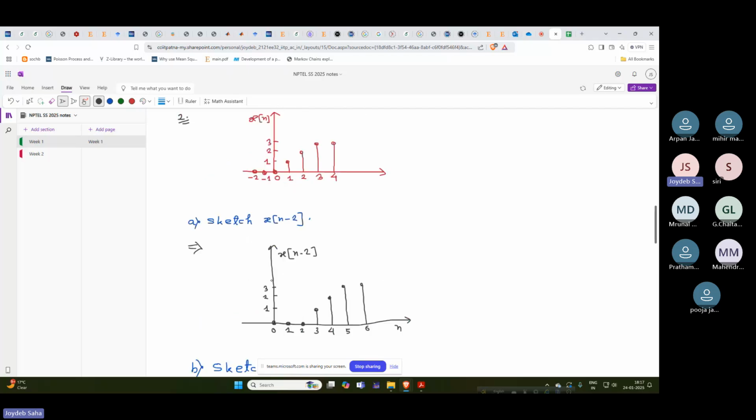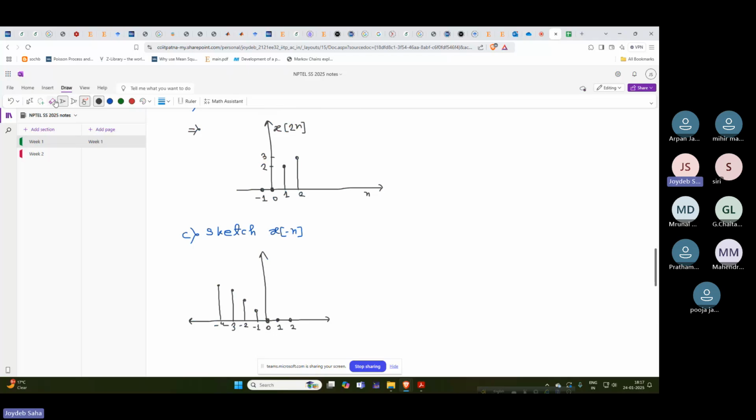Fine. This is 1, 2, and 3. So this is n, and the plot is x of minus n.